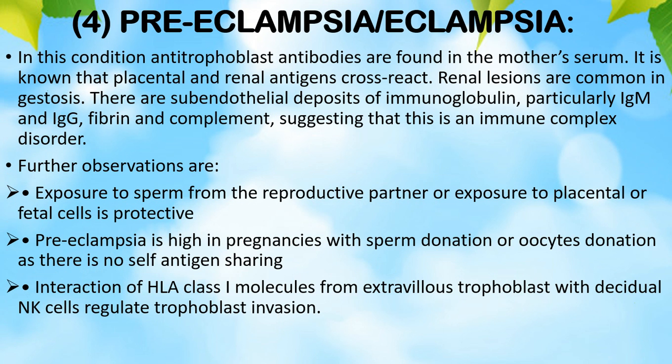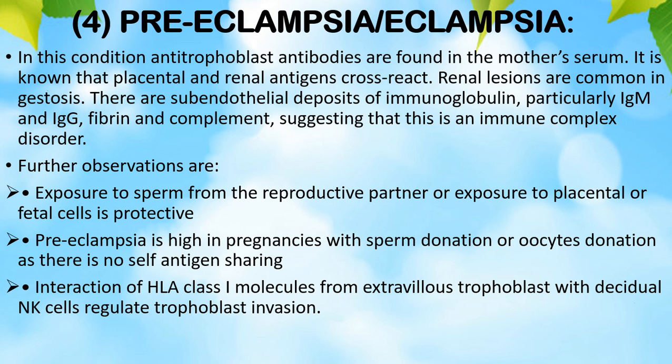Then pre-eclampsia and eclampsia. In this condition, anti-trophoblast antibodies are found in the maternal serum. It is known that placental and renal antigens cross react. So when the placental antigen and the renal antigen cross react, that's why pre-eclampsia occurs. Renal lesions are common in gestosis.